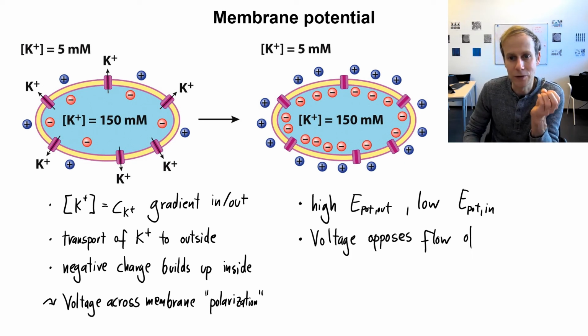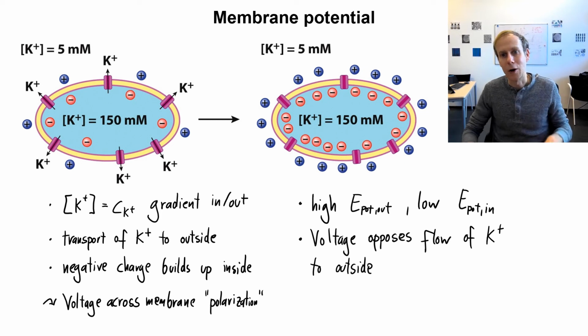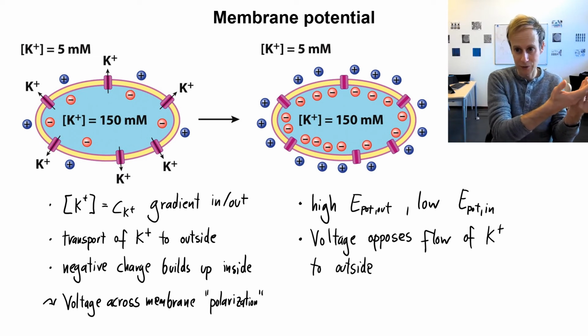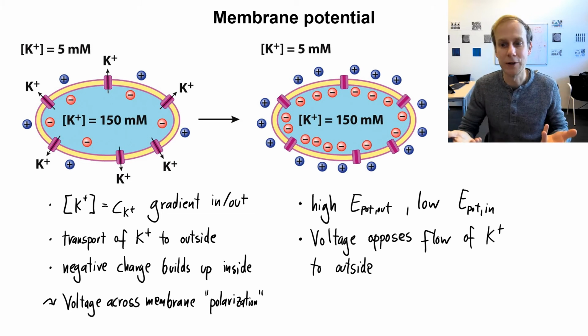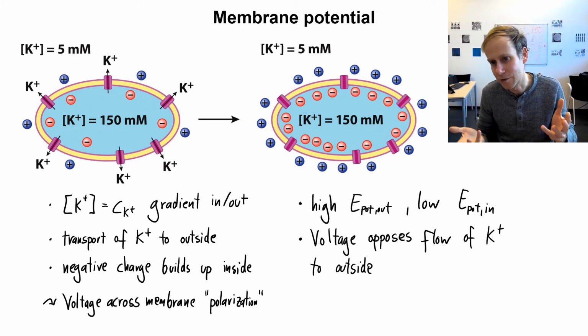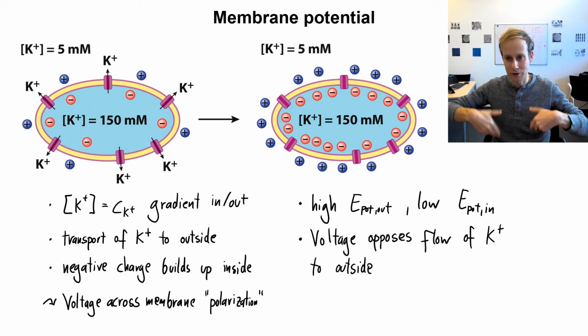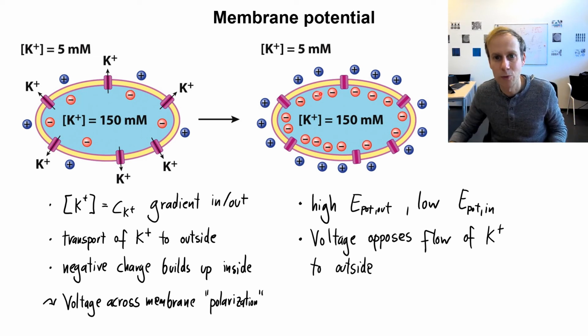So the voltage now begins to oppose the flow of potassium to the outside. The potassium wants to go outside because of the concentration gradient, but the voltage that builds up will now provide an electrical force that says to the potassium ions, you cannot go outside because otherwise the polarization becomes worse.